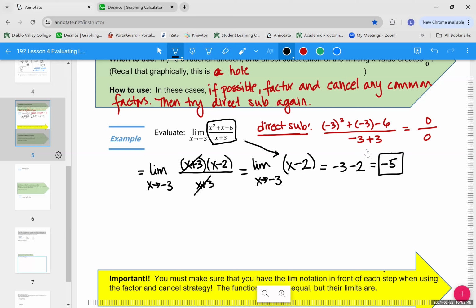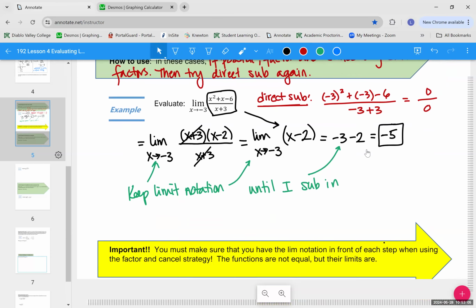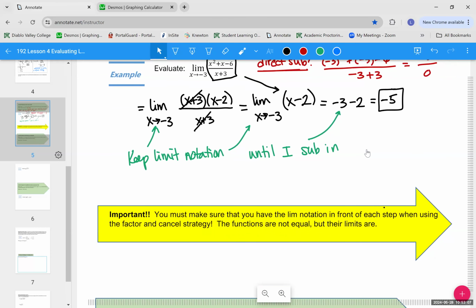Okay, so you might want to put a little note to yourself about keeping limit notation until I sub in, which is here, to make sure that you're following those rules correctly.